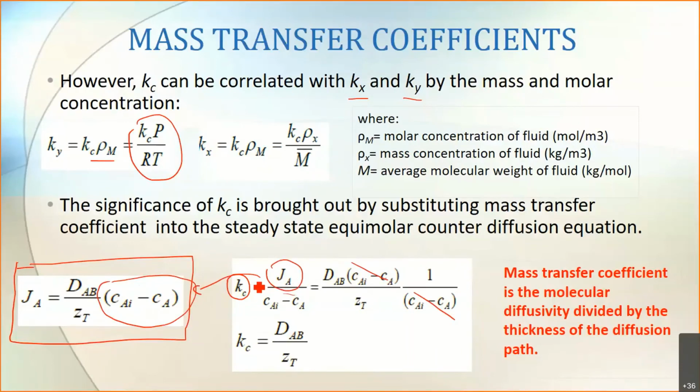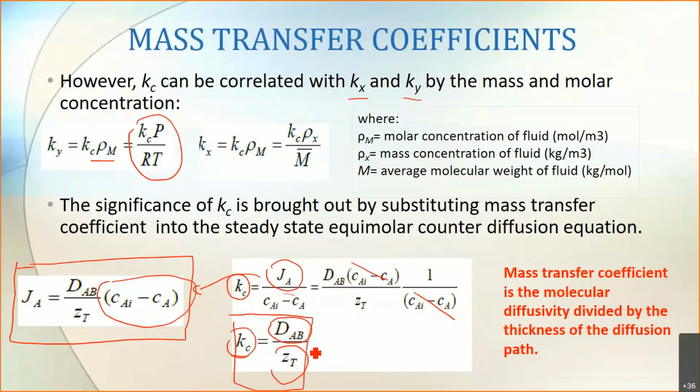So what I'm left with is that my Kc here is actually equal to dAb over Zt. So this is a relationship that we can develop. Okay, so if let's say we are asked to find the value of Zt, and we are only given the value of Kc and the value of dAb, we can actually find the value of our diffusion length by using this relationship.